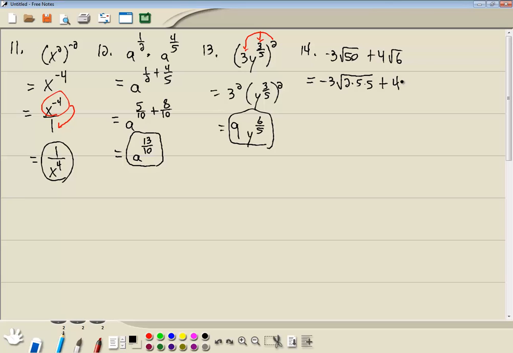And the square root of 6 gives us square root of 2 times 3, which doesn't go anywhere, so I don't need to break it down. Now remember, with square roots, we're looking for a pair of somethings. Here's a pair of 5, so a pair of 5 is going to come out in front. And that gives us -3 times 5 square root of 2 plus 4 square root of 6. -3 times 5 gives us -15 square root of 2 plus 4 square root of 6. Now since they have different radicals, I can't combine those together, and that would be your answer.